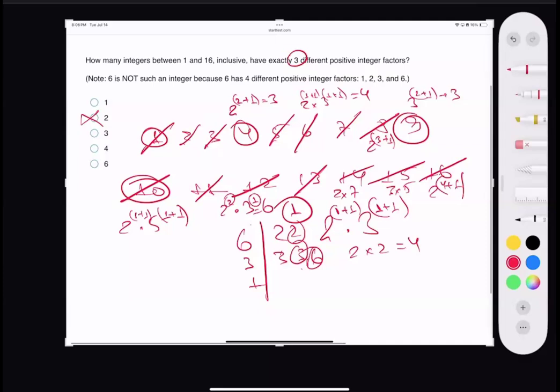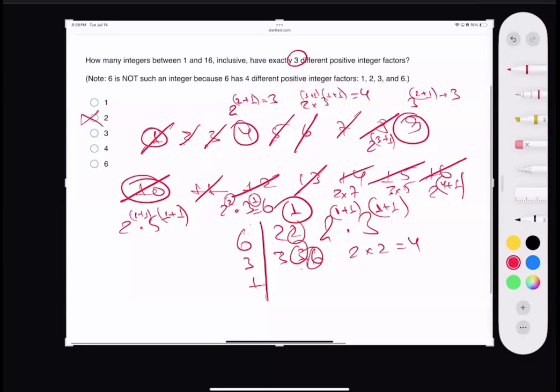Did you guys understand the techniques? You factorize, get the powers, add 1, and multiply. You find the number of divisors without listing. But you have some hints: 1 has just 1 divisor, primes just 2.